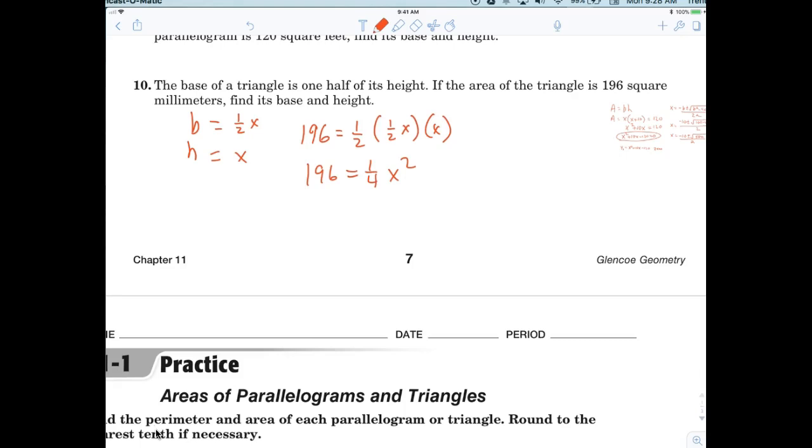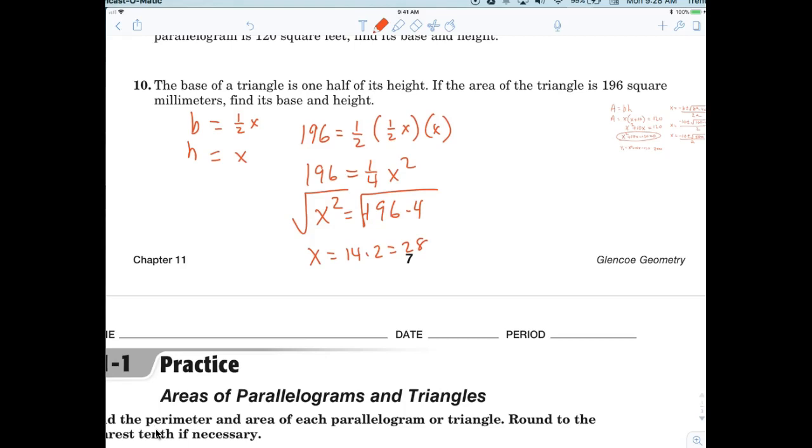So when you look at this, you should be able to say that x squared is equal to 196 times 4, which is 784. So x is equal to 14 times 2, which is 28. I'm not sure many people know the square root of 784 is 28.